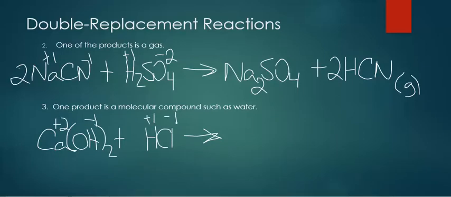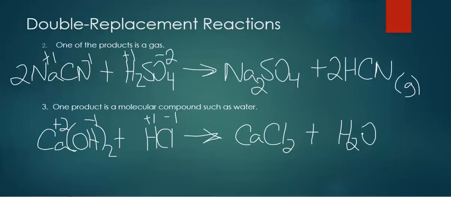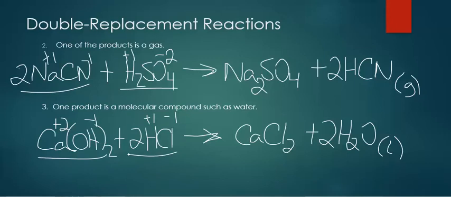So you're going to get calcium chloride plus HOH, which is water. That's a liquid, and that drives the reaction forward. And then you can go back and balance. So a double replacement reaction, two compounds react every time, and the positives switch places.